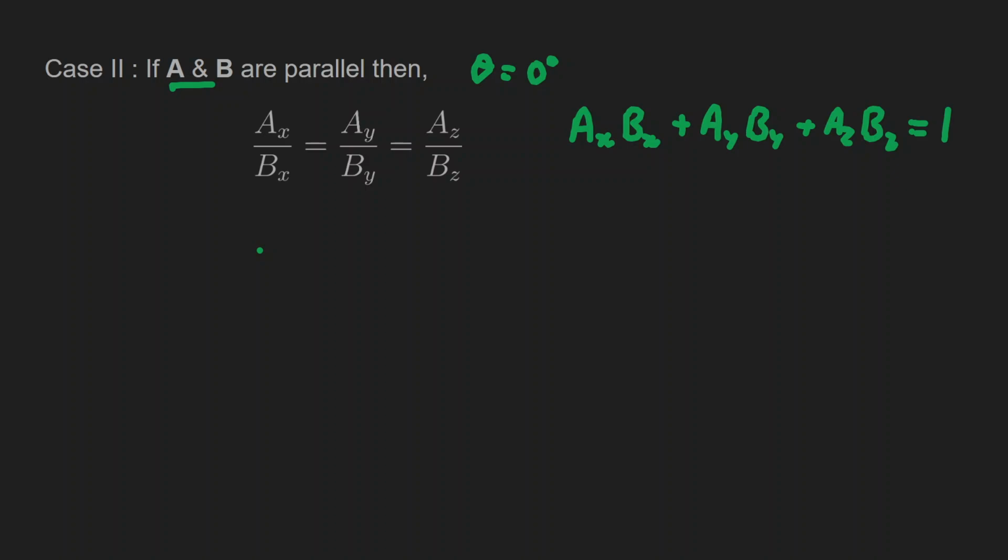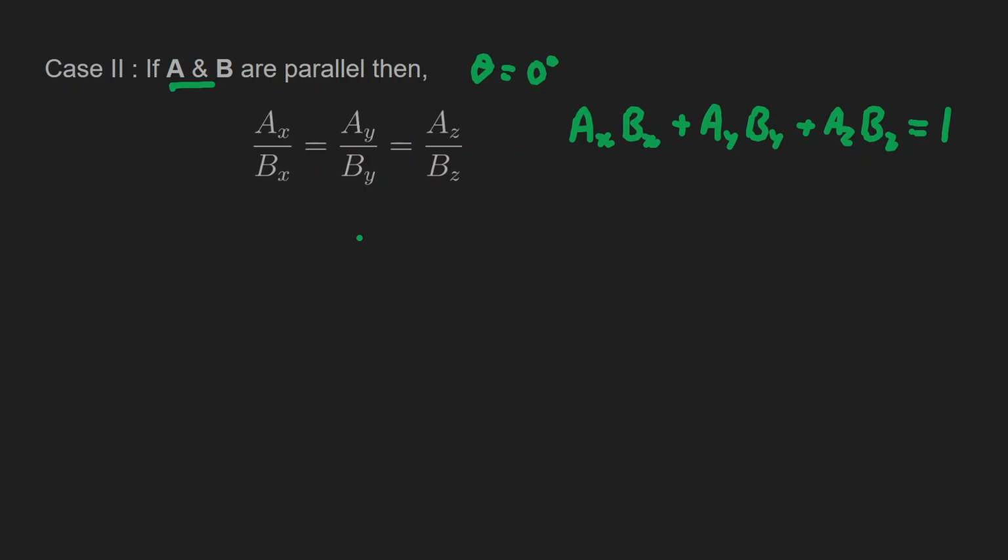Actually we should write it as magnitude of A times magnitude of B, but I'm just calling it 1 for simplicity.